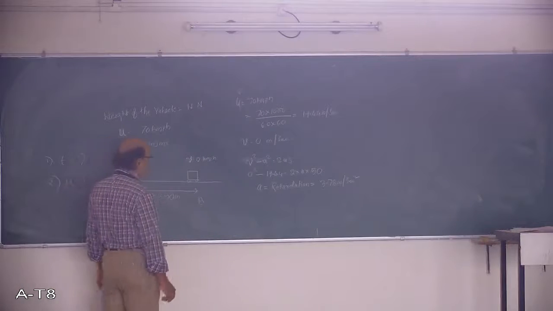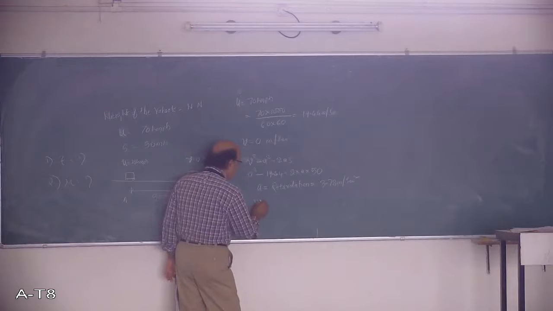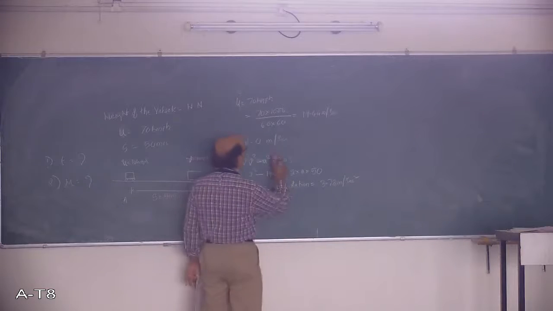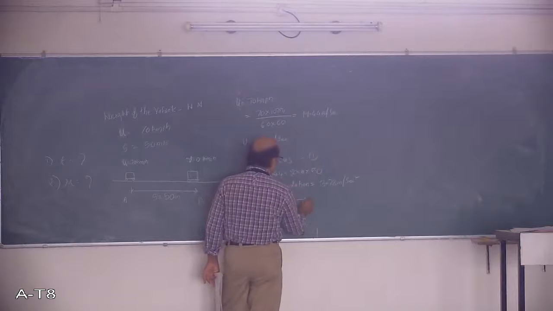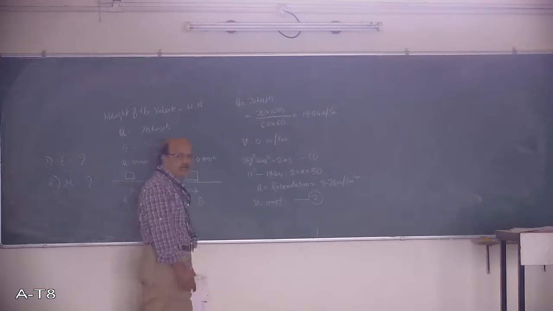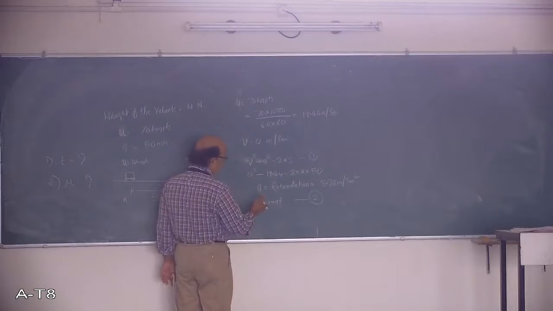That also they asked. To work out T, I use the equation V is equal to U plus AT. This is the second linear equation. I gave all these three equations in yesterday's class, and you might have already done them at your earlier level. Anyway, we'll use this equation.